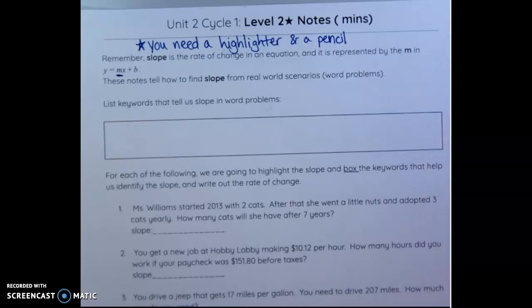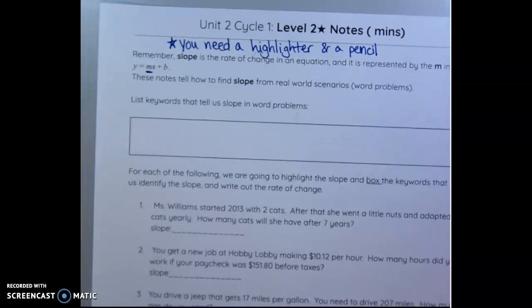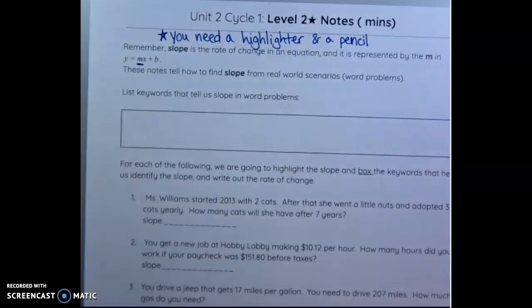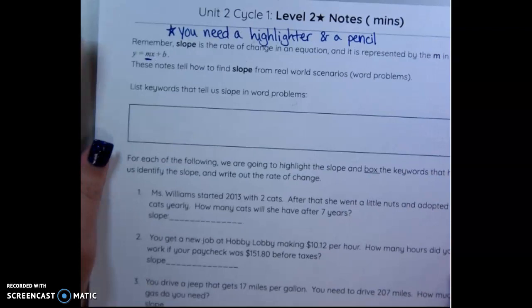So like I said, these notes tell us how to find slope from real-world scenarios, which is the fancy high school term for word problems. In word problems, there are certain keywords that tell us what the slope is. They help us identify the slope.